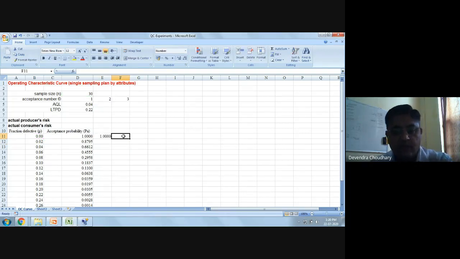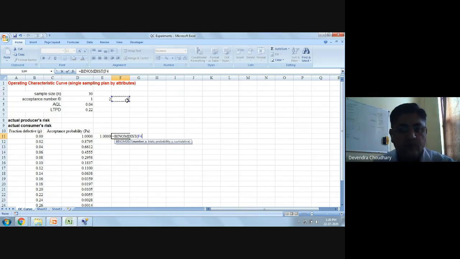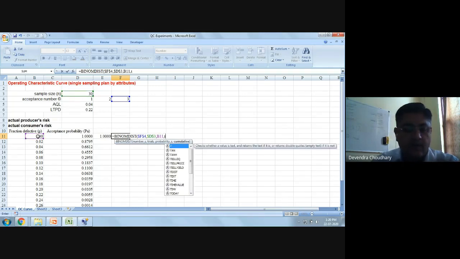Okay, similarly you can write for acceptance number 3. So here number is your 3, freeze it, sample size, freeze it, probability, and then true.